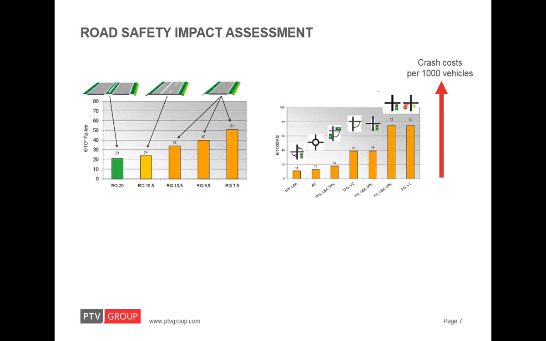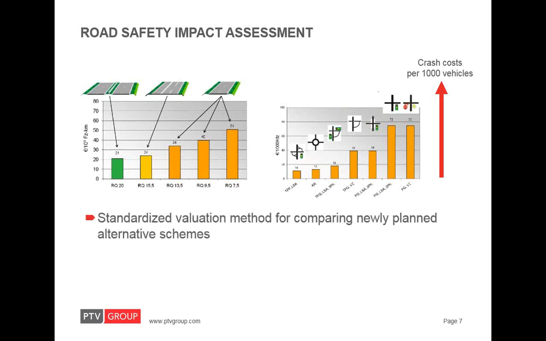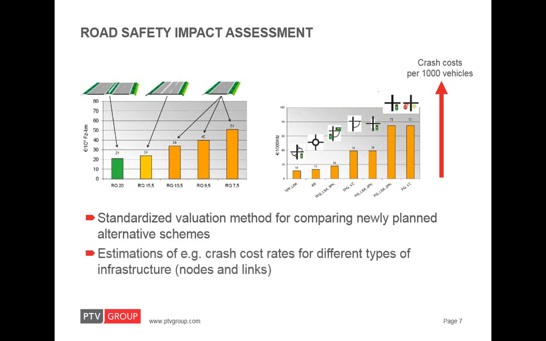All right. So if we use this, we have a standardized valuation method to compare these different schemes. The idea is that we have estimations of cost rates for the crashes, and this makes it possible to make a cost-benefit analysis whenever you do such a new construction or any change of traffic network, basically.